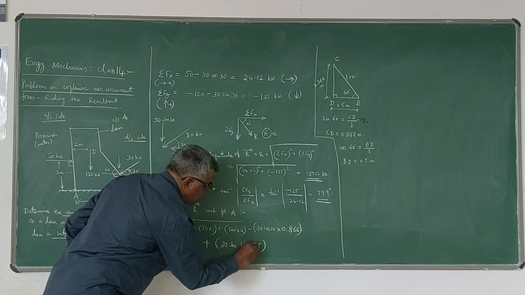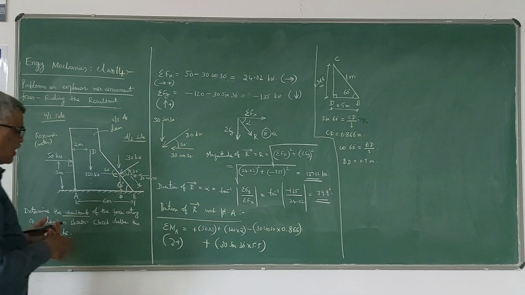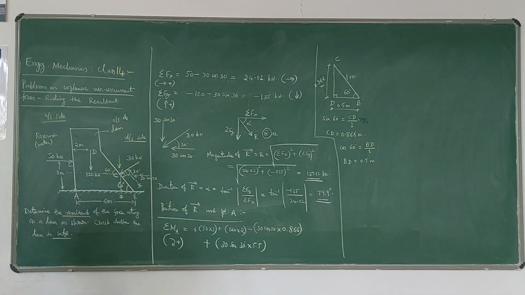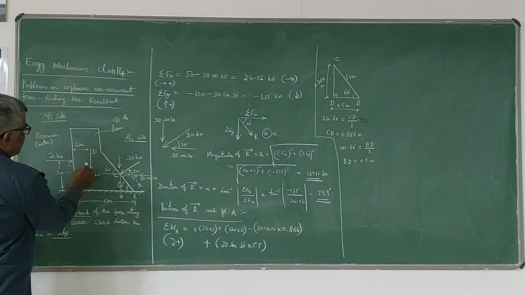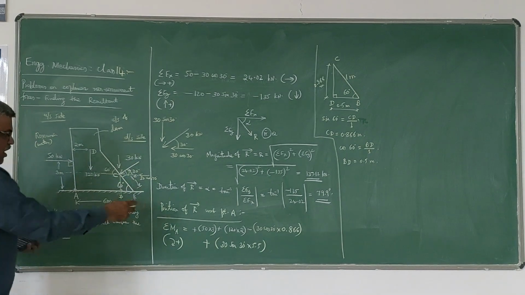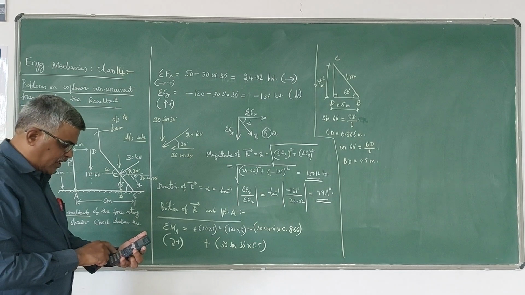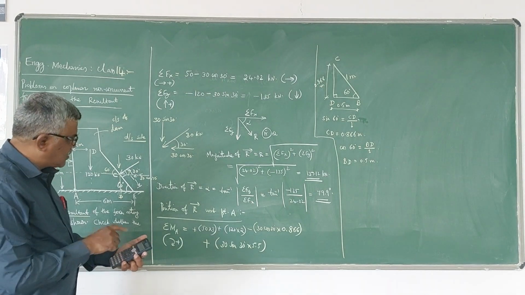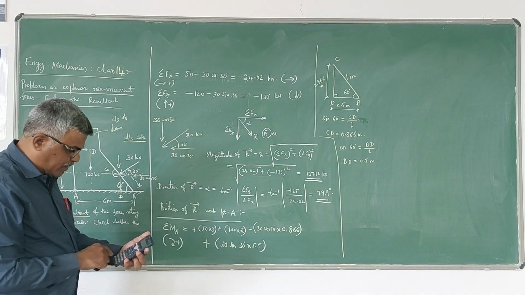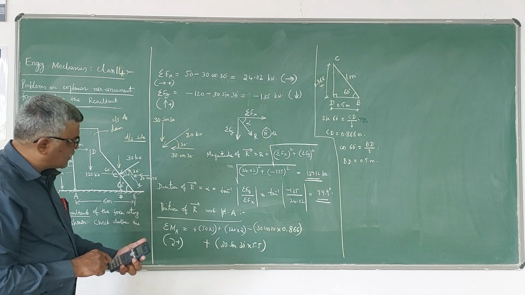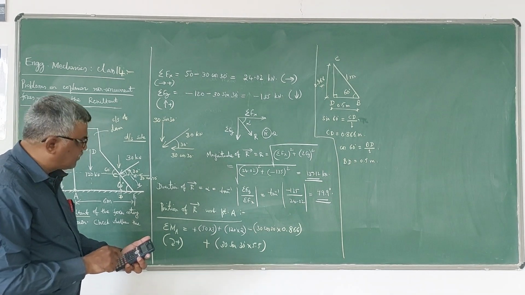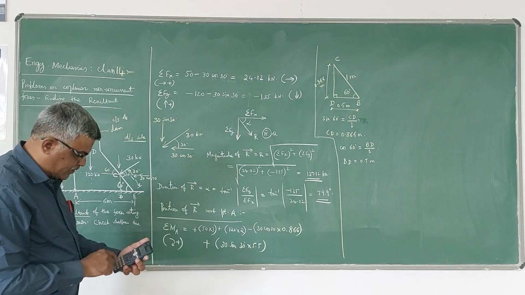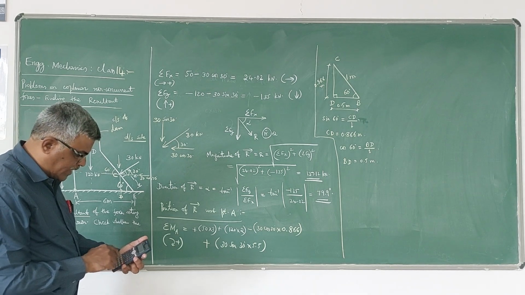This is the algebraic sum of the moments about the point A. I have considered this force and these two forces. Now if you simplify this, 50 into 3 is 150 plus 120 into 2 is 240, equal to 390, minus 30 into cos 30 into 0.866.